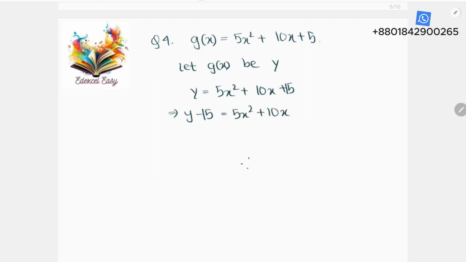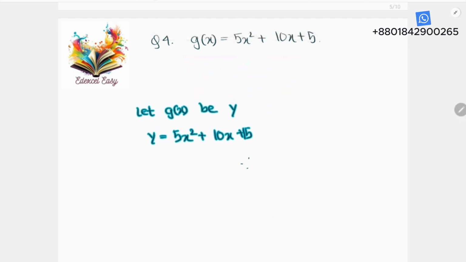The problem is that the power of x is not equal over here. At one portion you have x squared, at the other portion you have x, so you cannot take x as a common factor from this part, or make x the subject from this section. What you are supposed to do is first put this in the form of completing the square, so that it's easier for you to make x the subject.